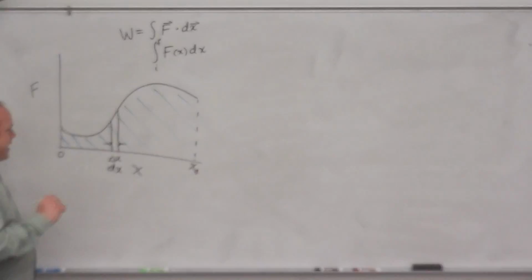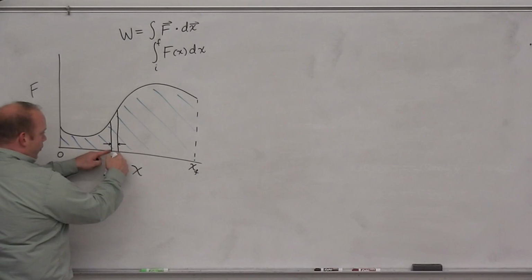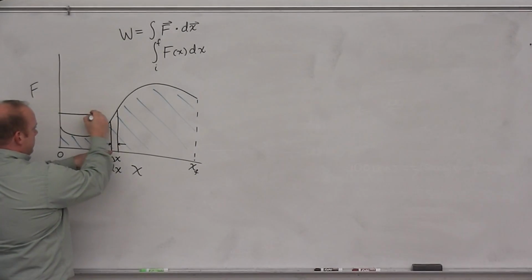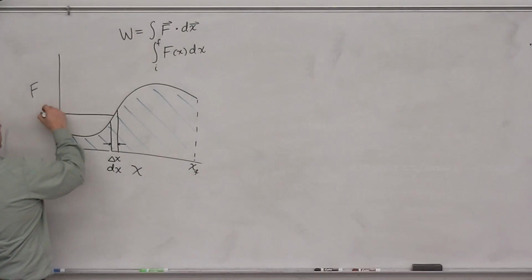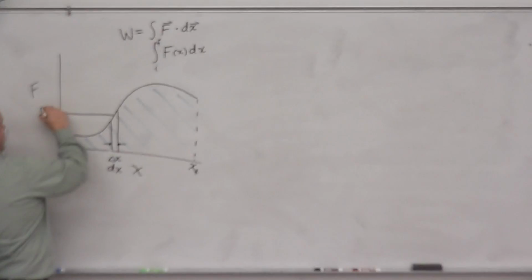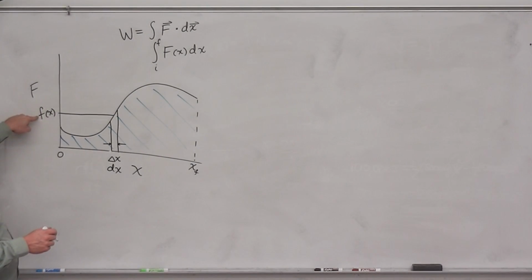Now, the area of this is going to be the width of it times about the average height. Well, this is your F of x, whatever function you're dealing with, whether it's force or electric field or what have you.